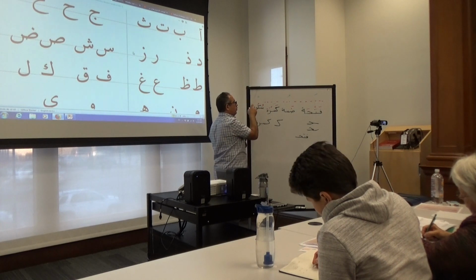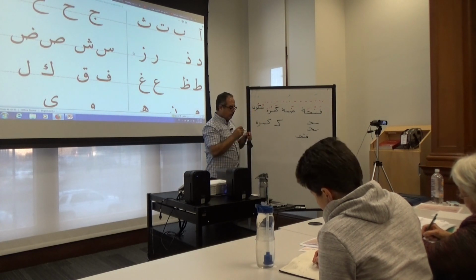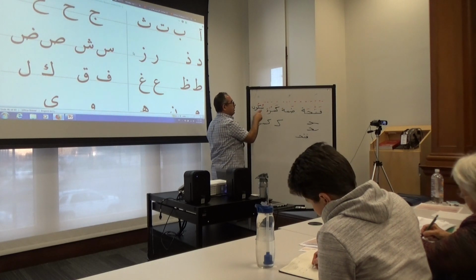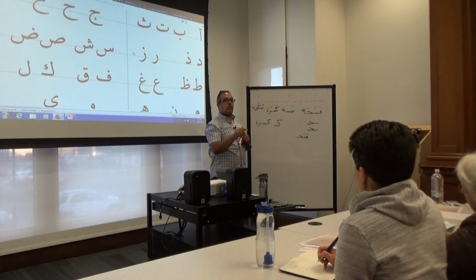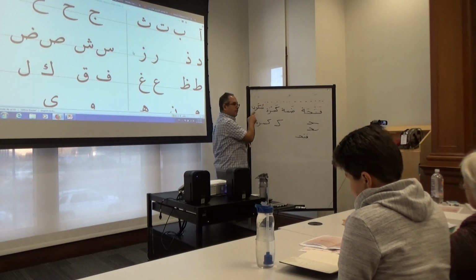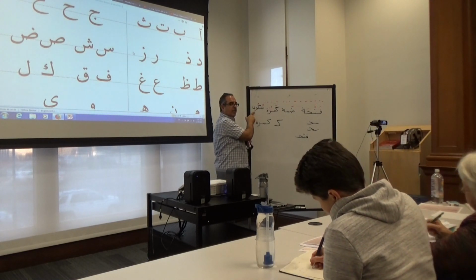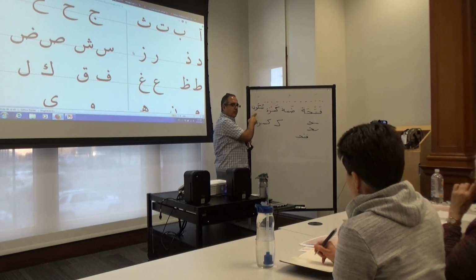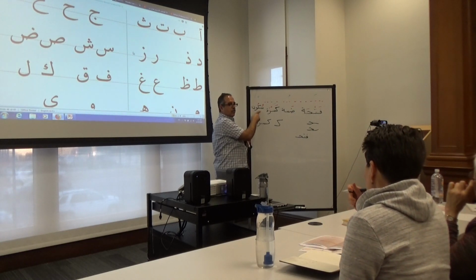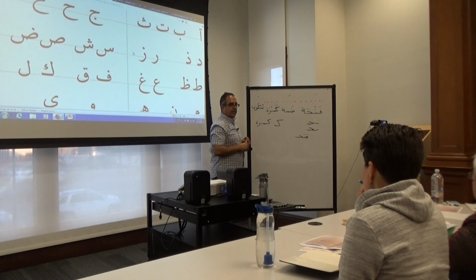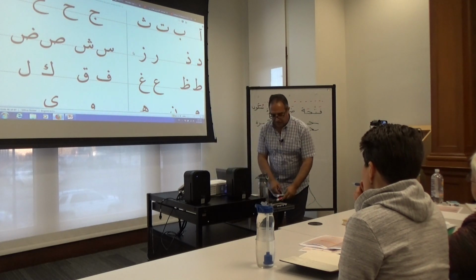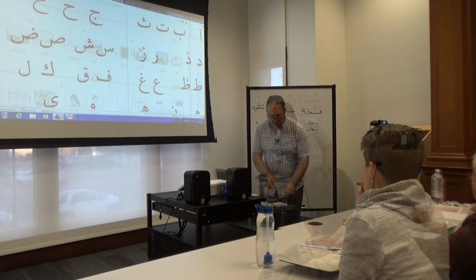So sukun. And the difference between, again, dhamma and waw, in this case, sukun. This is waw. Sukun, not sukun. Yes. Now we're going to do a lot of practice about these.